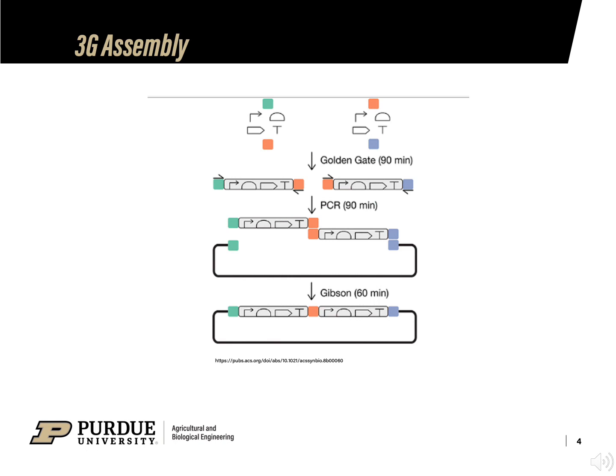And then a Gibson reaction can be run to place them in a larger plasmid backbone. This method is designed so that it can all be run within a single day, so it allows for a much faster and simpler method of plasmid assembly.